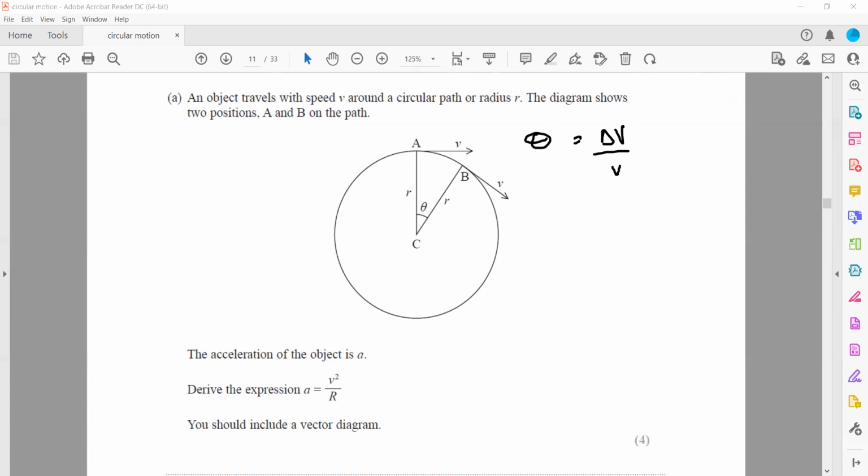So delta V over V is equal to theta. And we know V is equal to R omega, where R is the radius and omega is the change in angle, or you can say theta divided by the time interval.